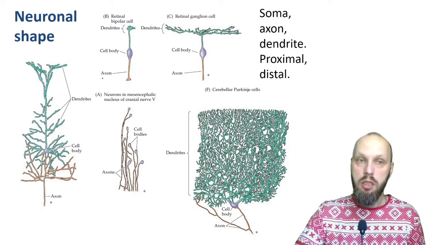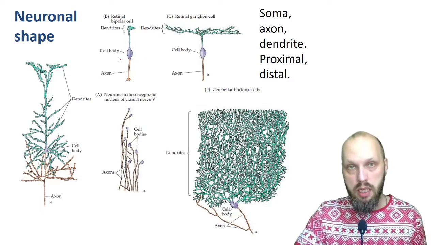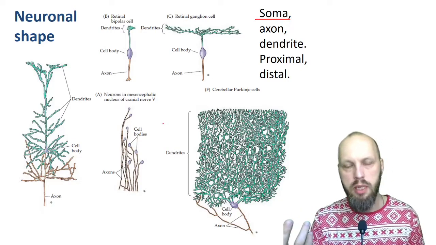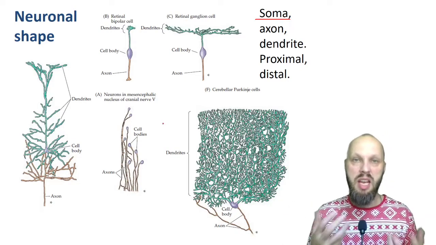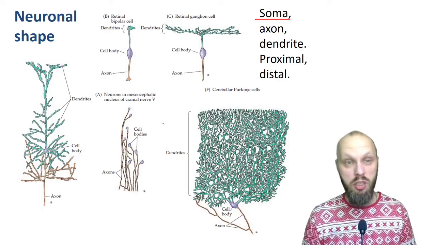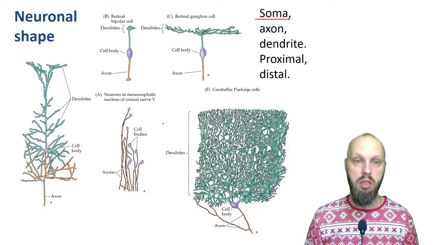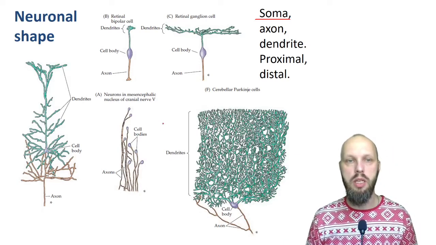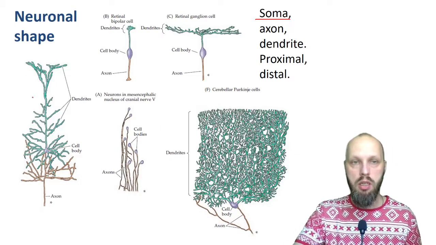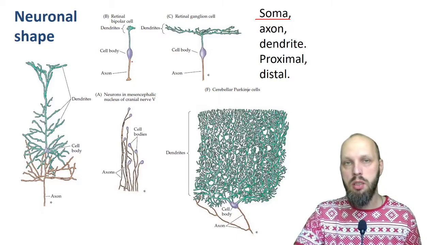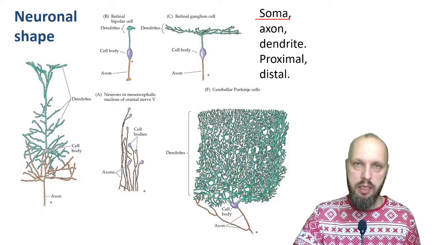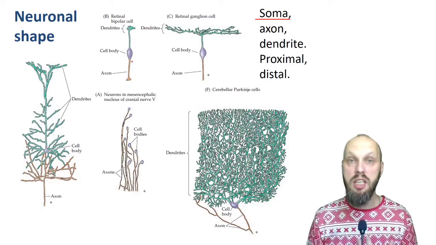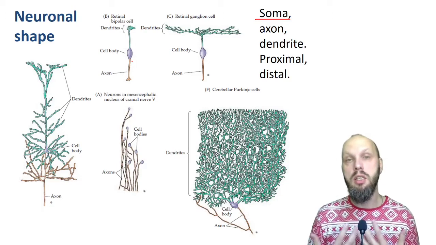The central part, the cell body, is called the cell body, or another name is the soma. The soma is just Greek for body. I prefer the English version, why would you use a fancy word if you can use a simpler word? But soma is also quite used. So the center of the neuron, where the nucleus sits and where the proteins are synthesized, so most housekeeping activities happen there, is called the cell body.